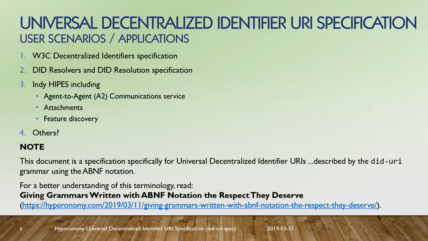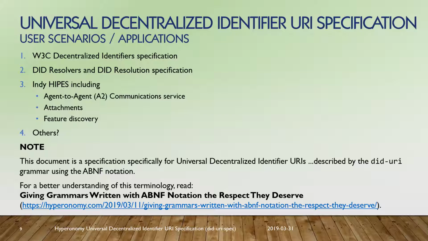There's several levels of user scenarios and use case information. The driving force are any specification that mentions DIDs, because they potentially represent either low-level detailed use cases, but more likely they represent high-level use cases.